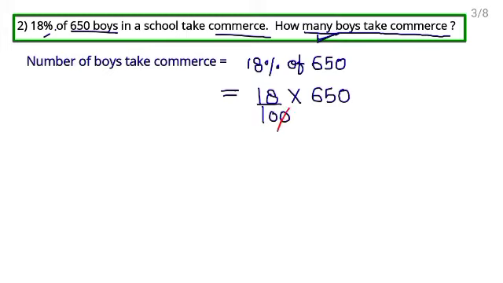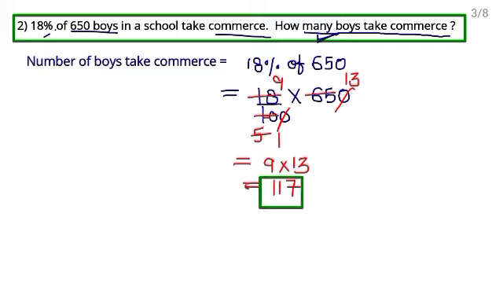Solve it. 0 to 0 cancel out. 2 9s are 18, 2 5s are 10, 5 1s are 5, 5 1s are 5, 5 3s are 15. So here we are getting 9 multiplied by 13. This is 117. Clear? So 117 boys have taken commerce.